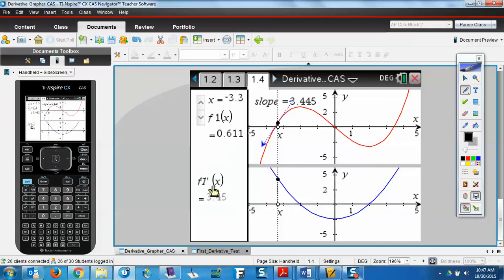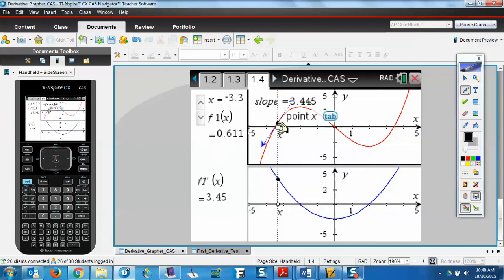What I want to be doing is using words like positive, negative, zero, increasing, decreasing, local max, min, inflection point, concave up, concave down. Those are the things we're talking about. So when we say, what does f prime tell us about f? Oh, f's increasing. Oh, f has a local max. Oh, f's concave up. Those kinds of things, okay? All right, so we're going to throw them out here in kind of random order.